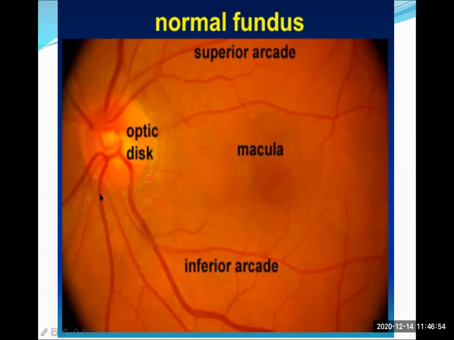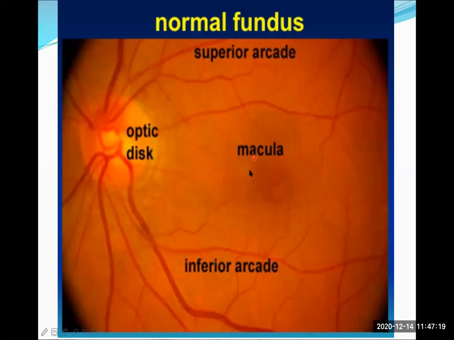In a normal person, we can see the whole circumference of this disc very clearly. See this, it is quite clear, not blurry. I can see it everywhere, and I can trace these blood vessels also. I cannot see anything abnormal here, so this is a normal fundus.